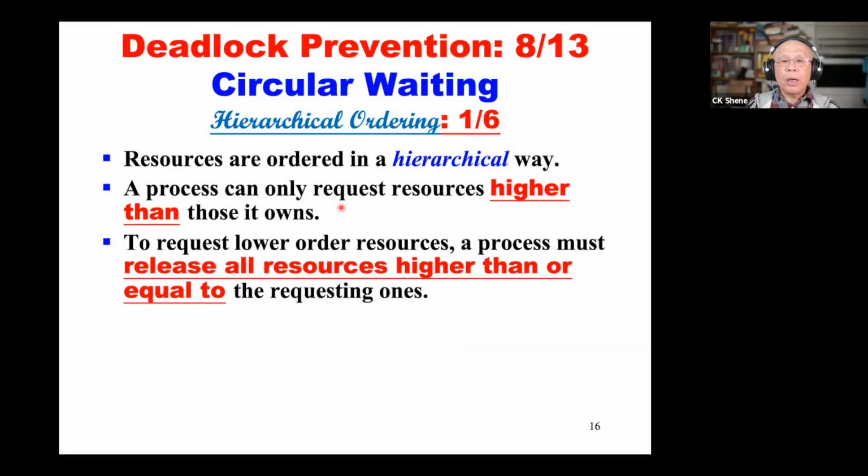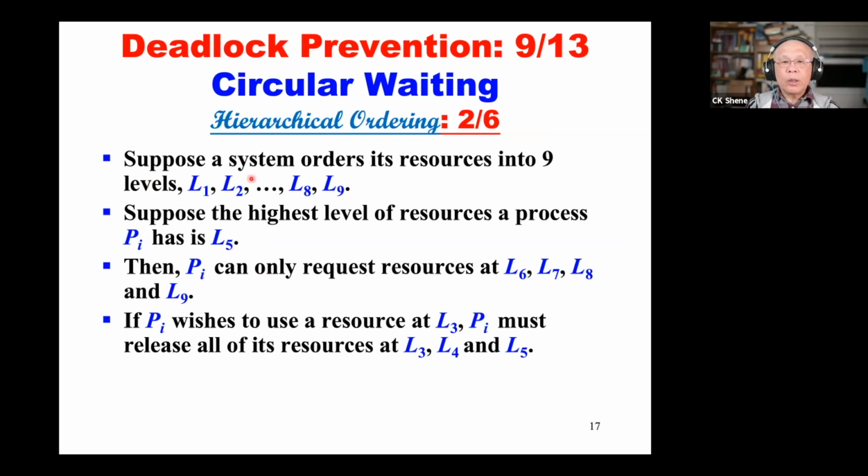So a process can only request resources higher than it currently owns. To request lower order resources, a process must release all resources higher than or equal to the requesting one. This is very similar to the preempting strategy.